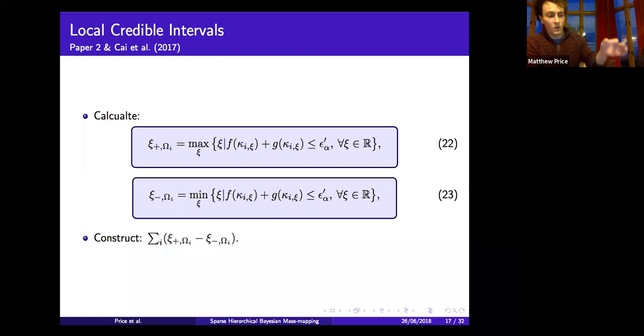Once you find this maximum value, that is the maximum value that that pixel could have taken at some confidence level alpha. Conversely, you can move it down and you'll find an upper and lower bound.